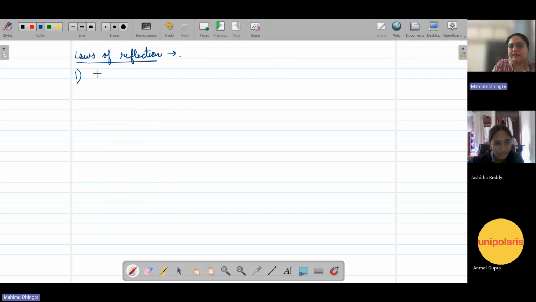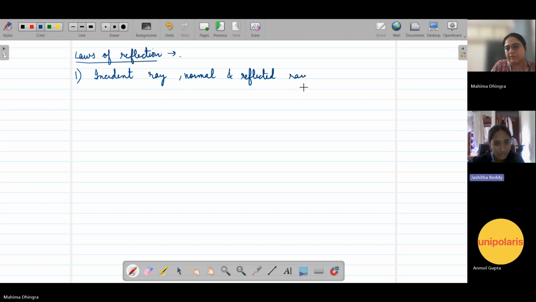One is that the incident ray, normal, and reflected ray, all of these three, lie in the same plane.